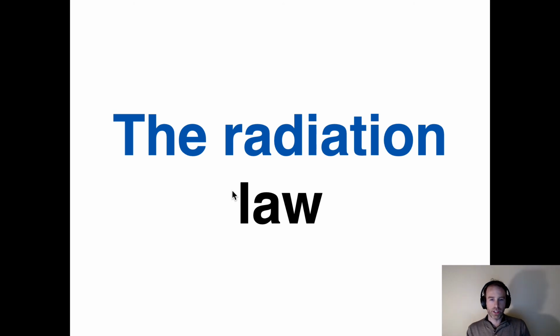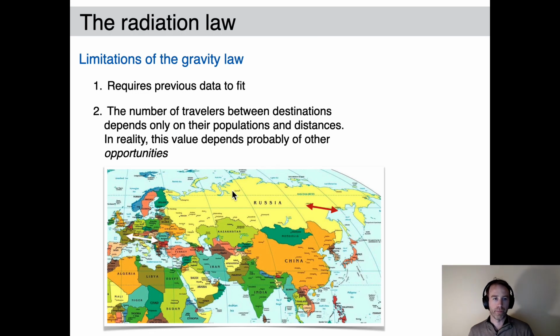So this is finished with the gravity model, and I will conclude by presenting an alternative, which is a radiation law, which is based on a quite interesting observation of the weakness of the gravity law.